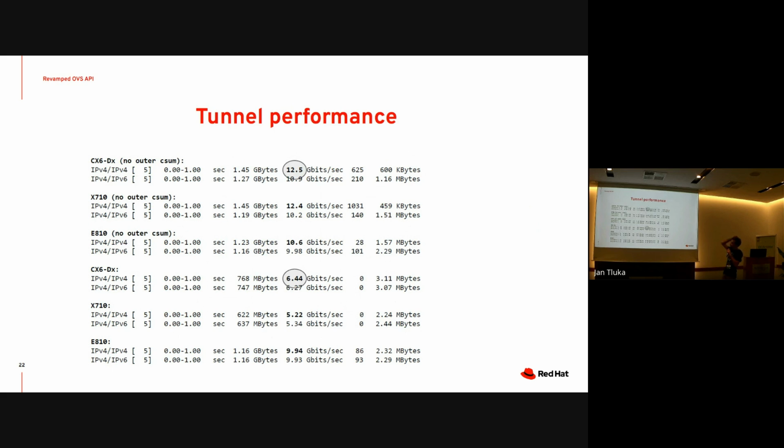So I have some Mellanox, NVIDIA ConnectX-6. Sorry, I'm used to Mellanox. ConnectX-6, the Intel E7 series and Intel E8 series. So all of them behave kind of the same.